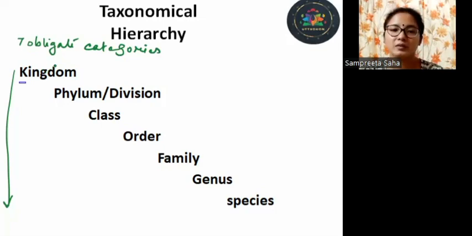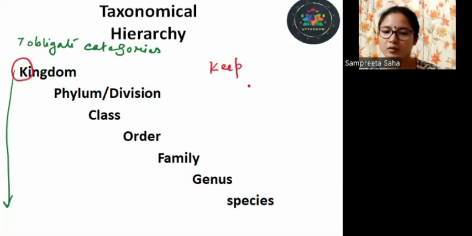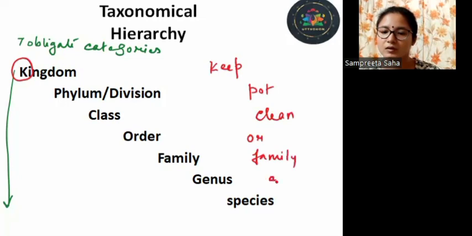Now, in order to remember these levels, we can use a one-liner. What is that? We have the first letter of the word kingdom, K. Keep pot clean or family gets sick. Okay, so from here we are getting the first alphabets of the words.